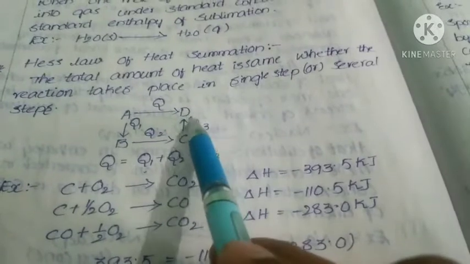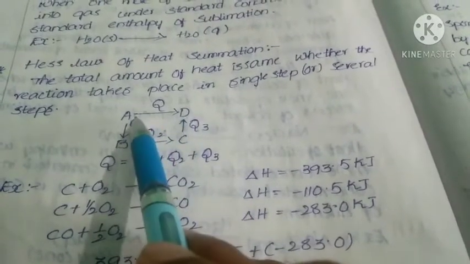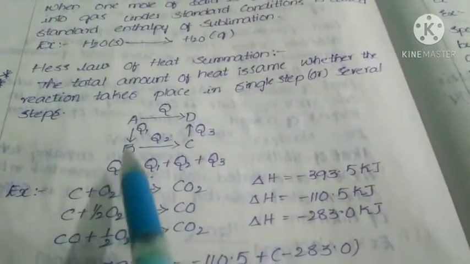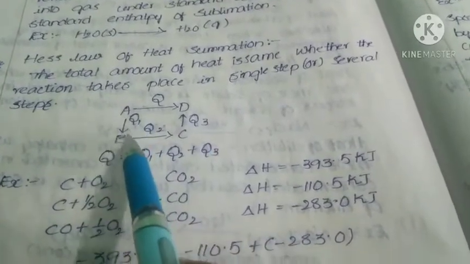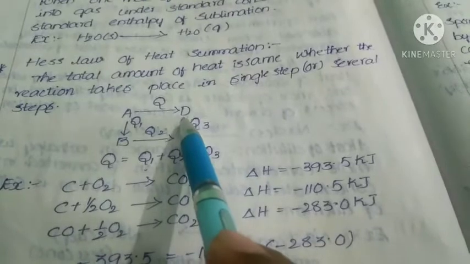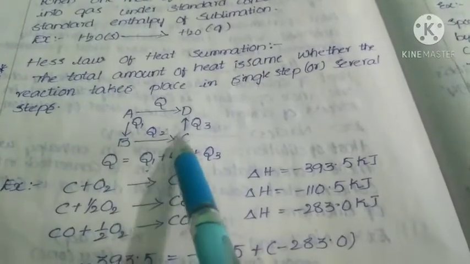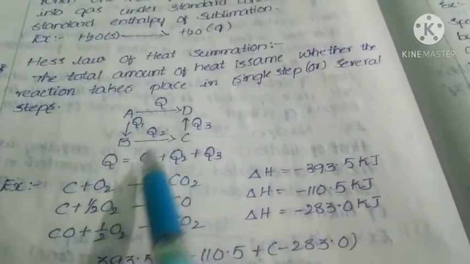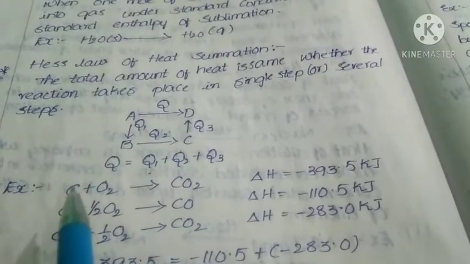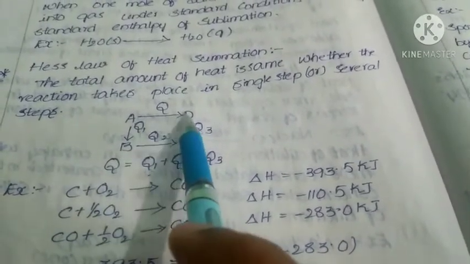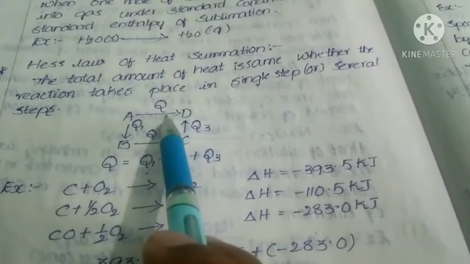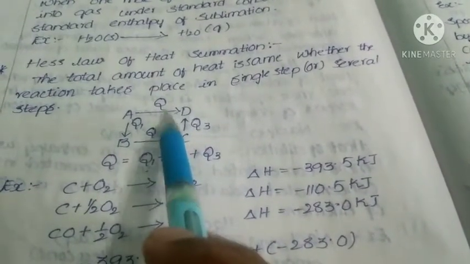D also can be made from A by different steps. These are different steps. This is the first step, this is second step, this is third step. These are called indirect steps. What is the statement here? What does it say? If D is obtained in one step, nothing but the direct step, it needs some energy.